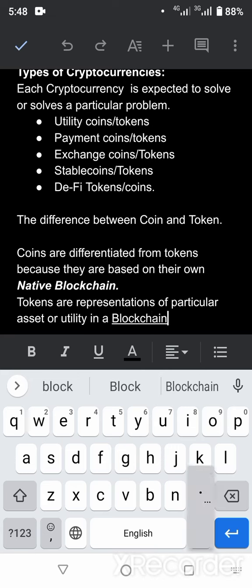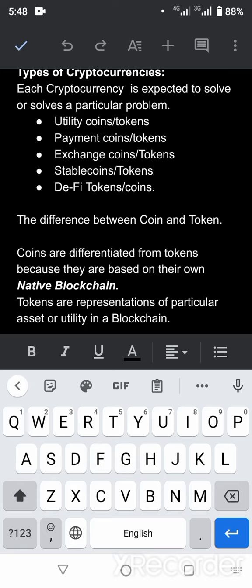Now, what this means is tokens don't have their own native blockchain. They are built or they reside on an already existing blockchain. You understand?